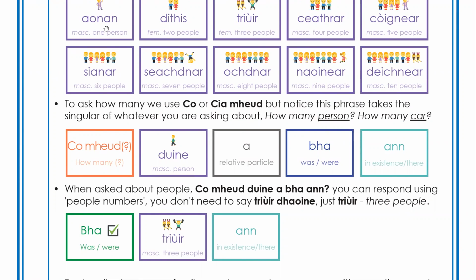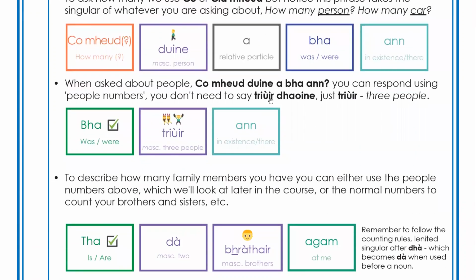So we'll look at that in the A2 part of the course. So for now, we would only use these on their own. So cefiad duine a bheith ann, bheith díos ann, bheith ceithrear ann, bheith ochnar ann. We don't need to say trúr gcuine.